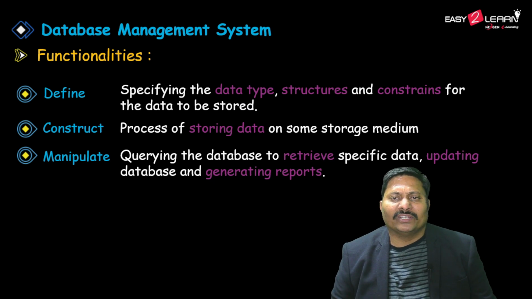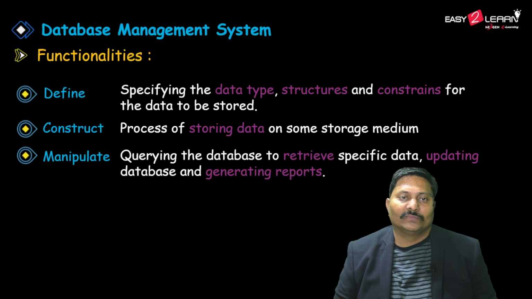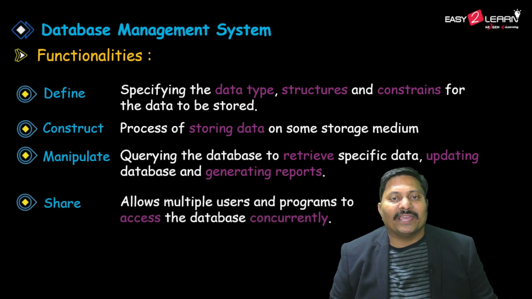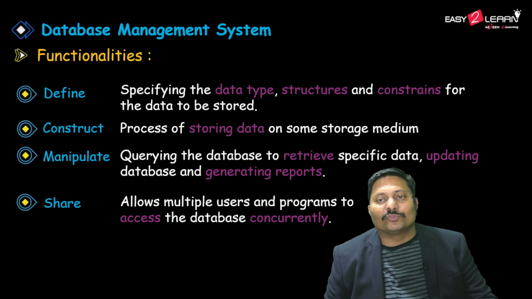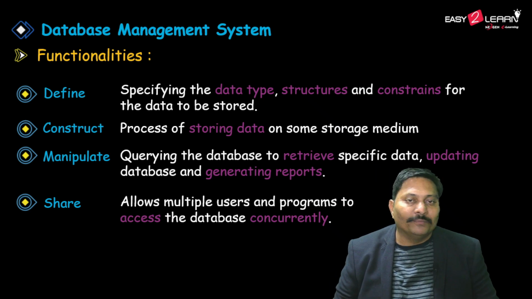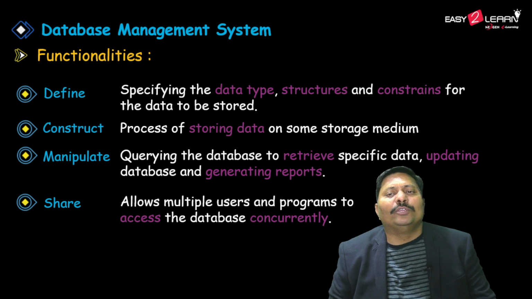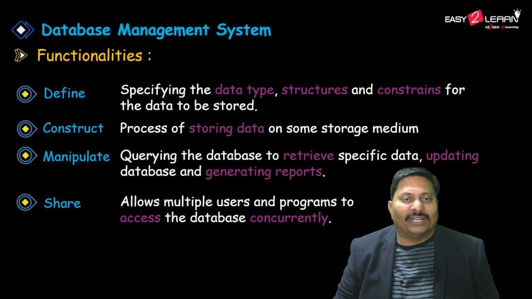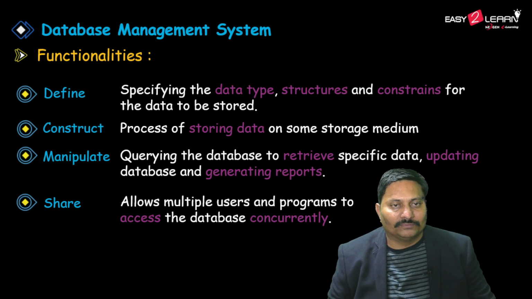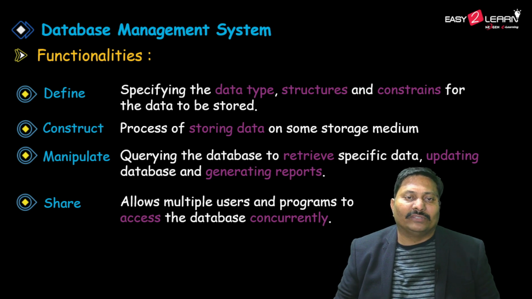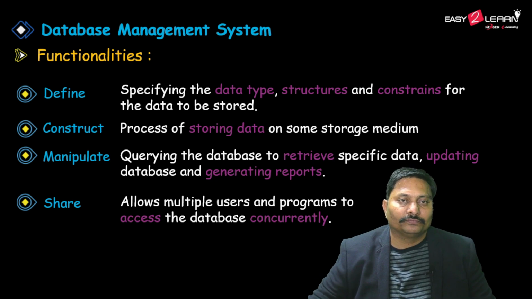It also allows the users to update the database and to generate reports. The next functionality is sharing the database, which allows multiple users and programs to access the database concurrently, or in other words, many users can share the same database at the same time in an efficient manner. So, these are the main functionalities that DBMS provides.